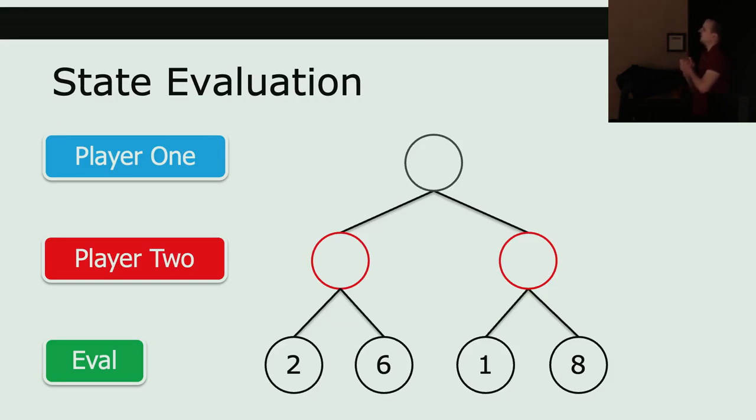Another thing that's very important is just a little note on state evaluation, because this is going to be very important for assignment 3. As you do the Minimax search, as you saw in the last recorded lecture, hopefully, eventually you come to a point where you need to actually evaluate the state. You give it some score, right? Down here at the bottom, at these evaluation nodes, the reason you would evaluate a state is usually one of two reasons.